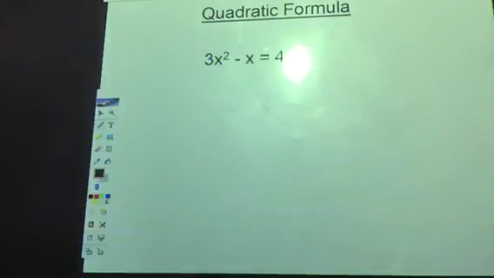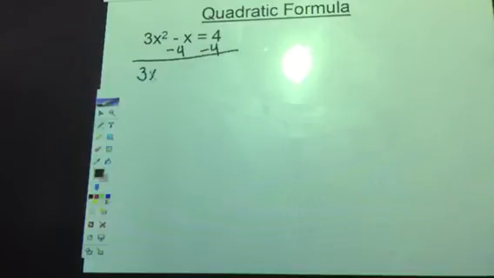Next example is 3x squared minus x equals 4. Okay? So I'm going to subtract 4 from both sides because, again, it needs to be in standard form. And I'm going to move this out of the way because there is a glare. All right, so now subtract 4 from both sides. So 3x squared minus x minus 4 is equal to 0.